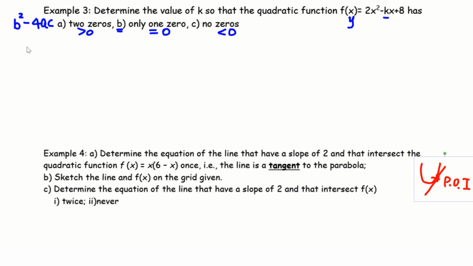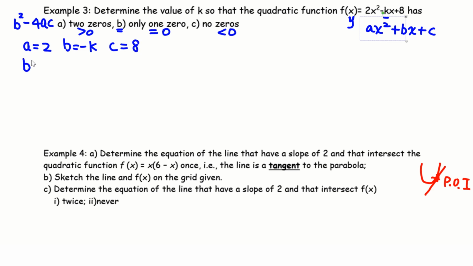So we are going to compare it with a, b, c: ax squared plus bx plus c. So a equals 2. And b equals negative k, so you have a parameter here, and c is positive 8.